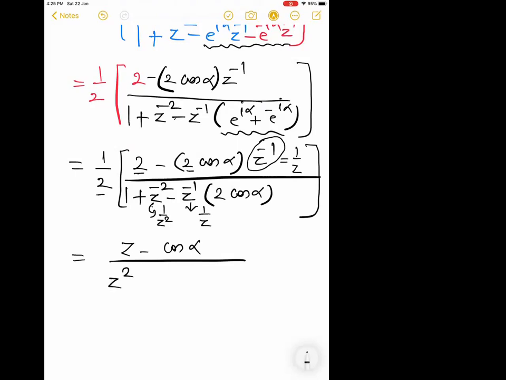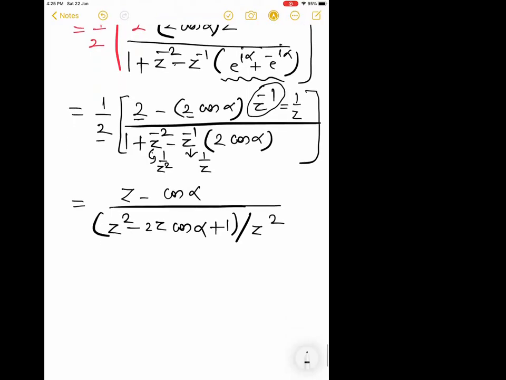So it will come out as z square minus 2z cos alpha plus 1 upon z square. If you simplify with this LCM as z square, then we will get this term z square minus 2z cos alpha plus 1 divided by z square. So actually this is the answer for z transform of the cos alpha k.